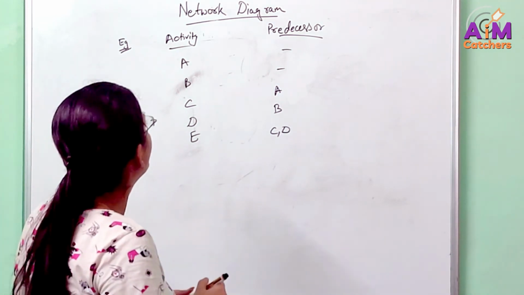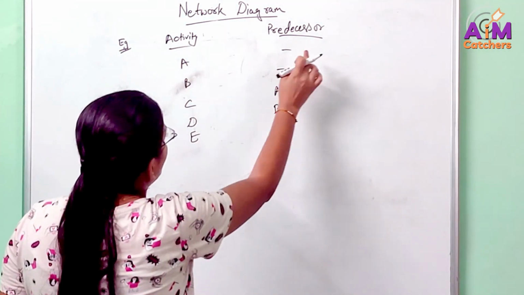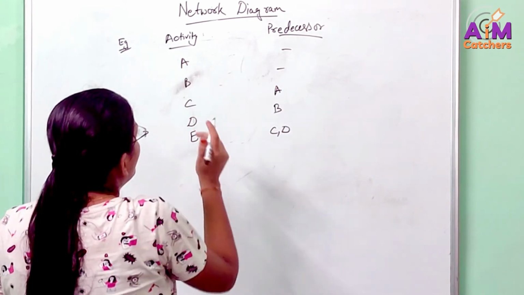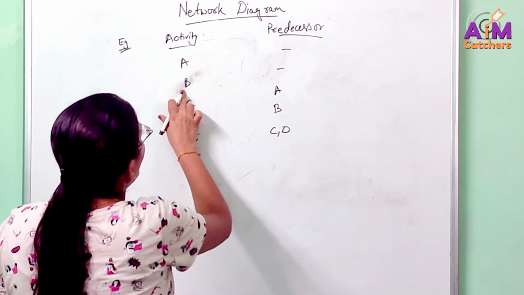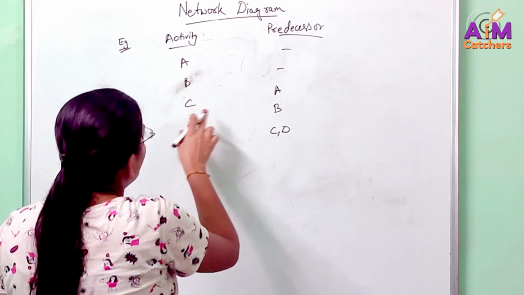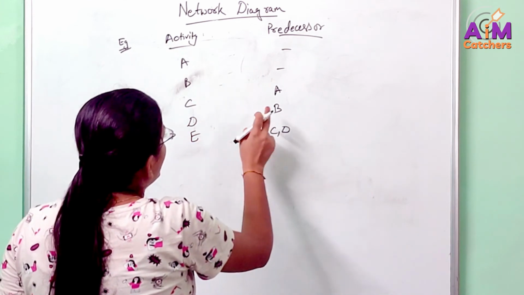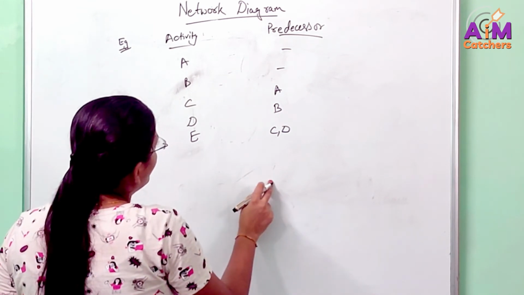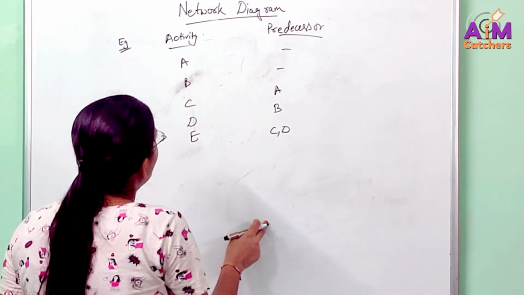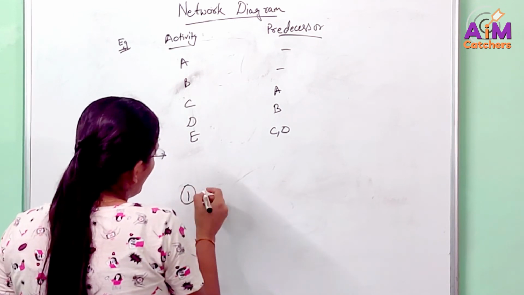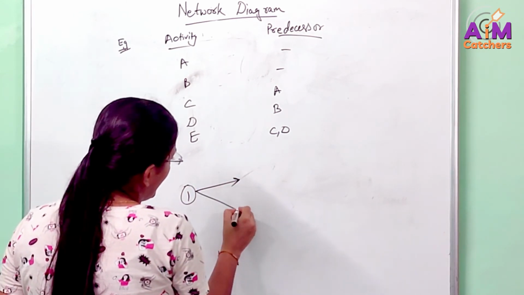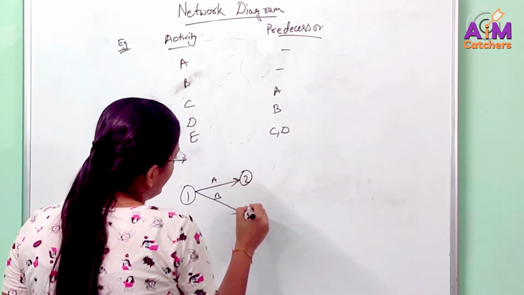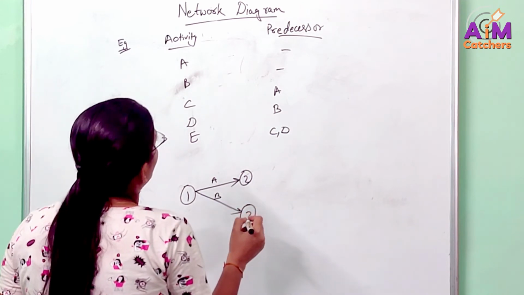So let's do it now. From activity A, which activity should be the predecessor? Okay, we do not have any activity before A, so that's fine. We do not have any activity before B, that's fine. But before C we have A, and before D we have B. Okay, so activity C should come from A and activity D should come from B. So let's take an event 1, activity A and activity B. Okay, this is leading to event number 2 and event number 3.